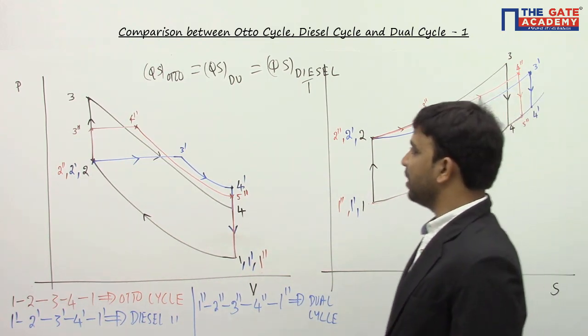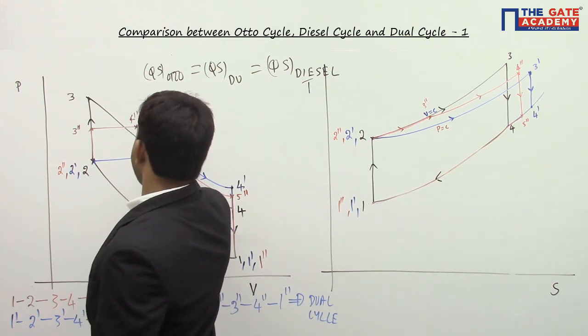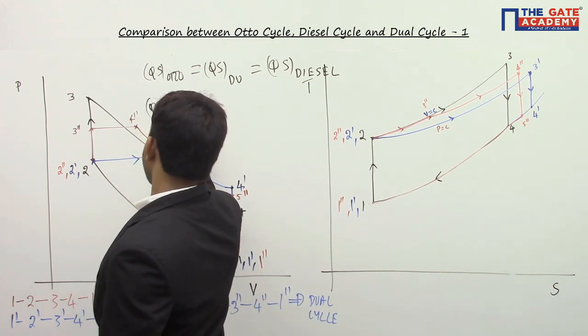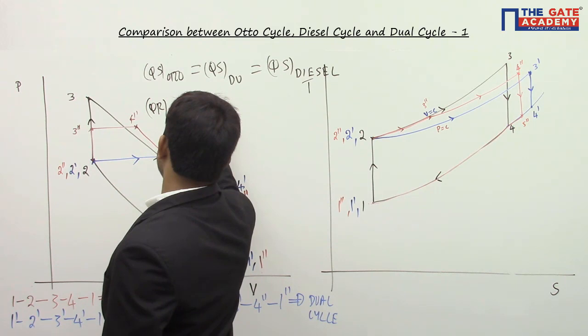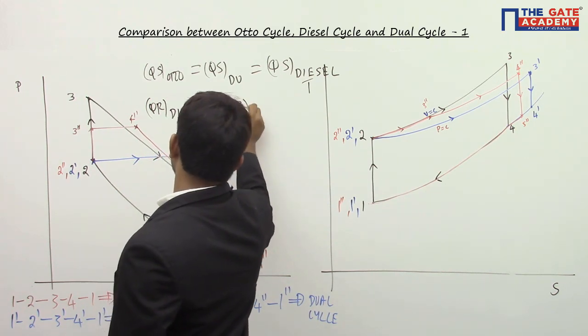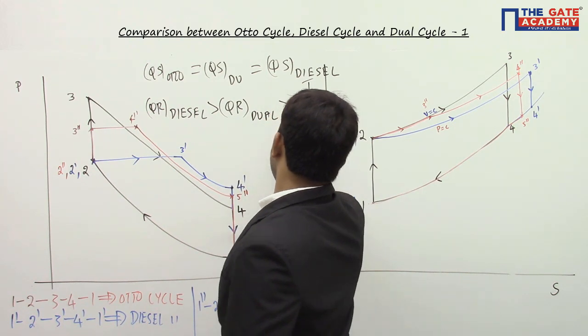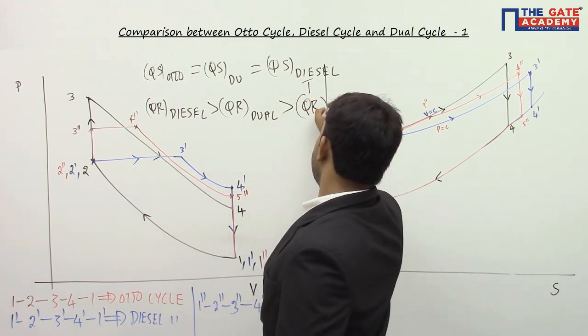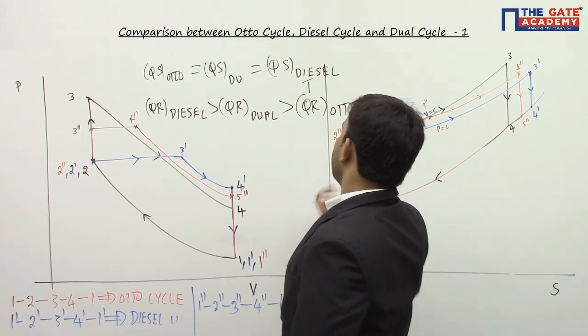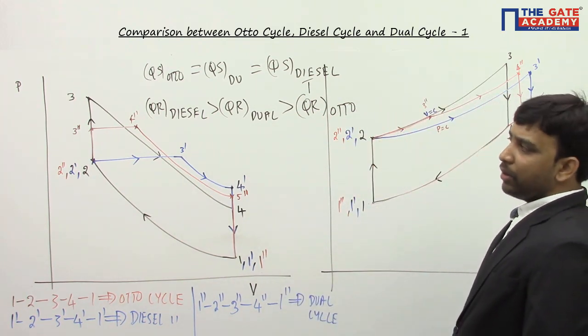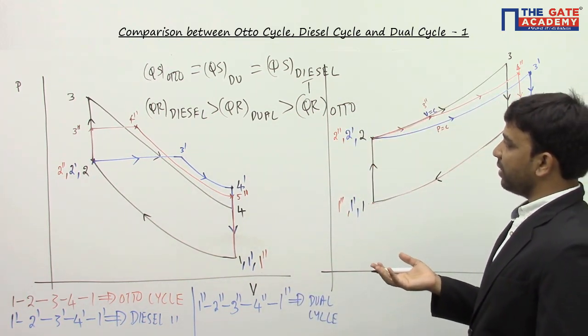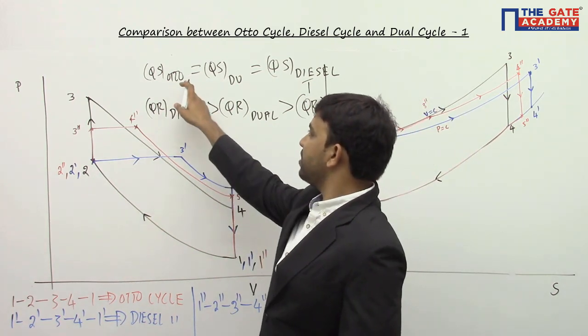I can say heat rejected in the diesel cycle is more than heat rejected in the dual cycle, which is more than heat rejected in the Otto cycle. So heat rejected is more in the diesel cycle, and heat supplied is the same in all the cycles.